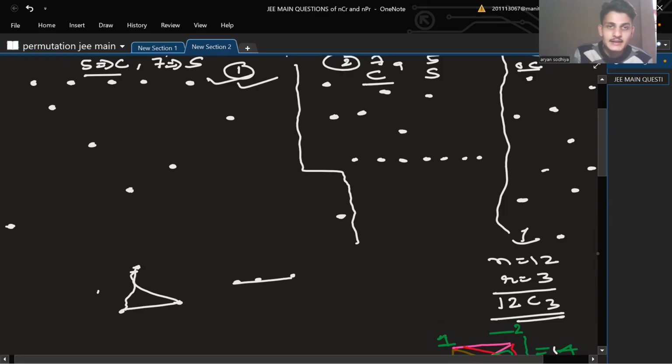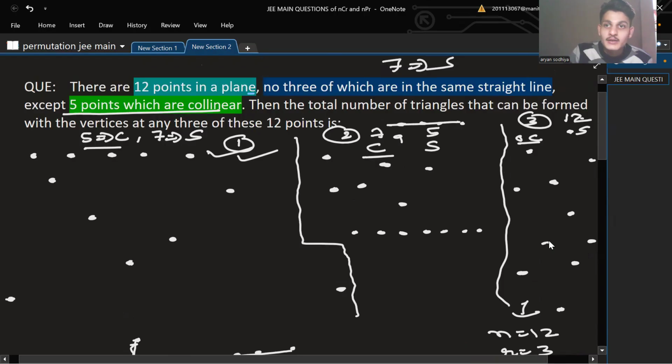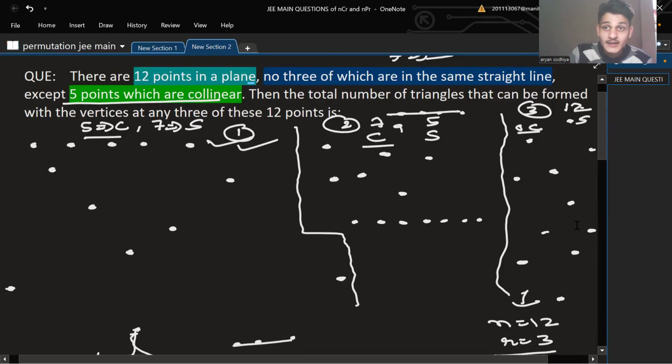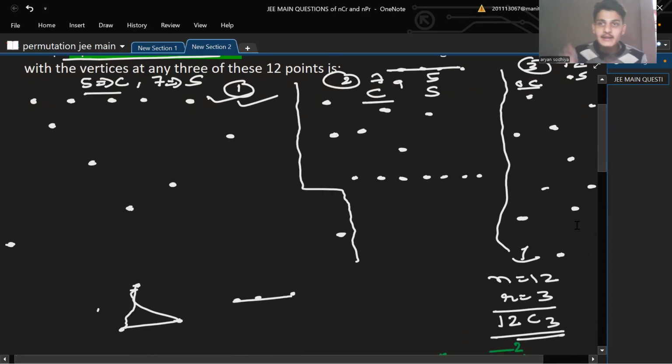But if you see here, 5 points are collinear and collinear points do not make a triangle. So will it give the same answer as 12C3? I would say no, because all those triangles made by the collinear points will not contribute to the answer in this scenario. So I will subtract those triangles.